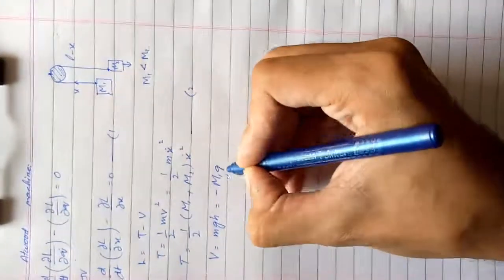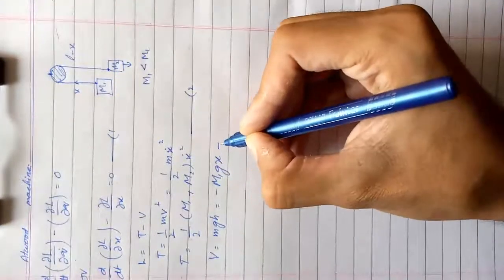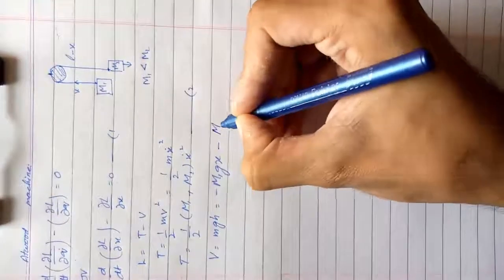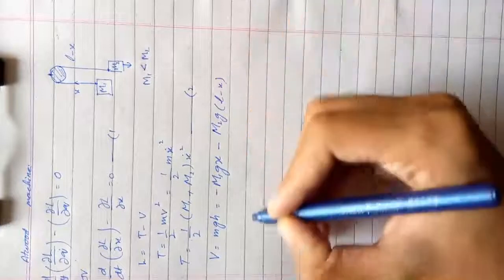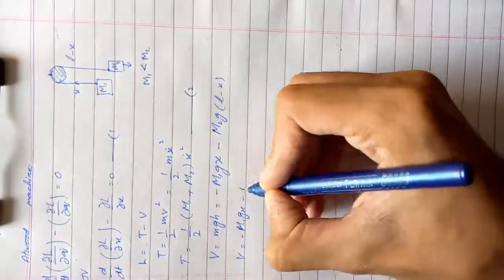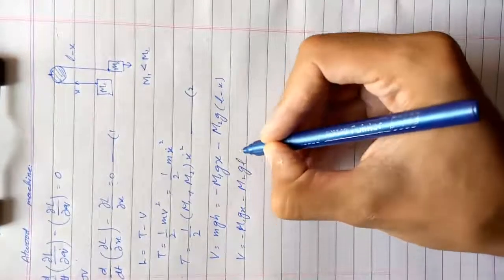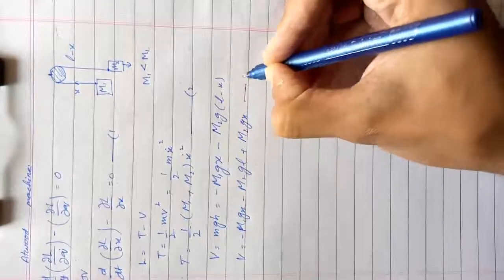For this case, m1 is moving upward, so we have minus m1 g x, and minus m2 g (L minus x). So V equals minus m1 g x minus m2 g L plus m2 g x, equation 3.